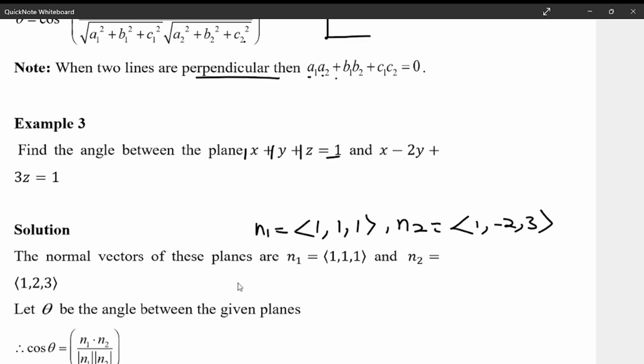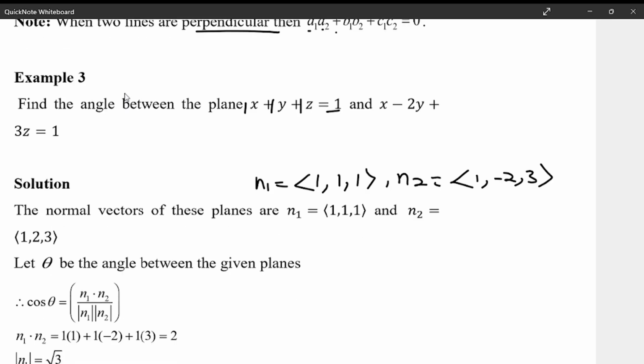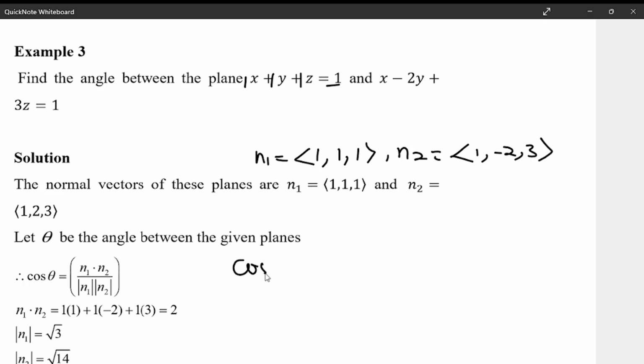If theta is the angle between these two given planes, then cos theta is equal to n1 dot n2 over the magnitude of n1 times the magnitude of n2.